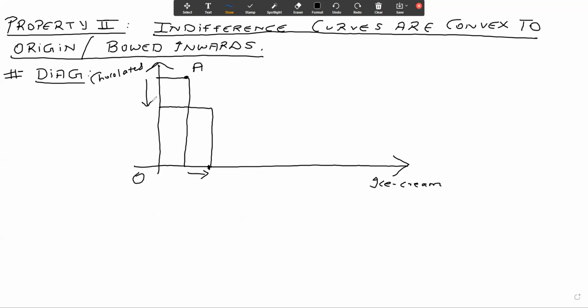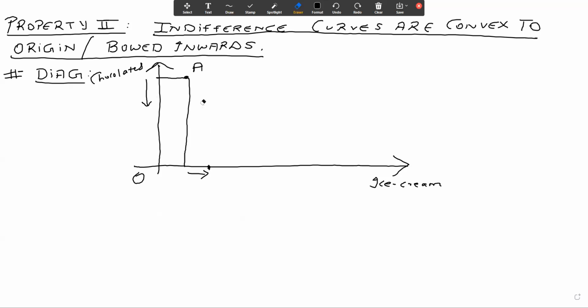And guys, psychologically, when you have some commodity in abundance, you don't care about it. You start caring about it only when you start losing it. Once you start losing that commodity, it suddenly becomes more important to you. That means for a tiny bit of ice cream, I would be willing to give up a lot of chocolates.